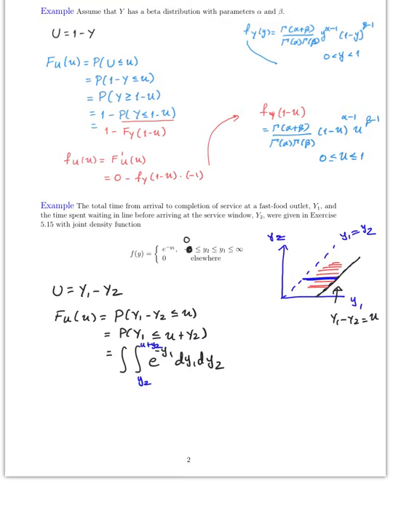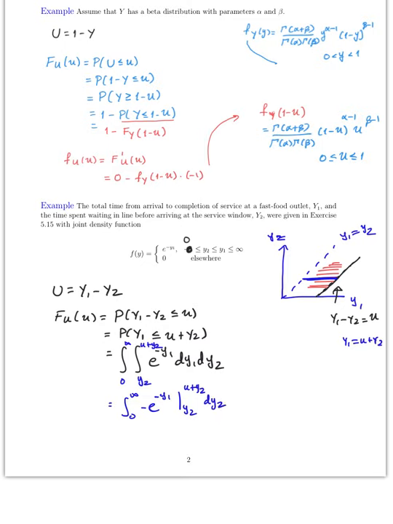So y1 goes up to u plus y2, and y2 is going to go from 0 to infinity, because this keeps going forever. Then if we integrate, this will be the integral from 0 to infinity of minus e to the minus y1, from y2 to u plus y2, dy2.